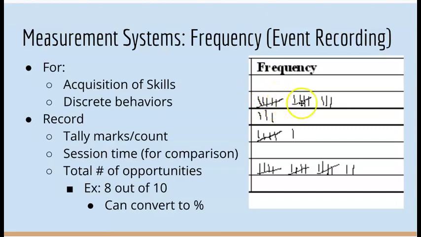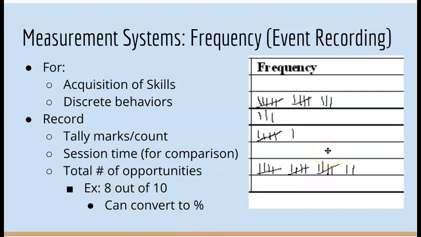You can also, if you know the opportunities that they had to perform the skill, so it's a trial-based skill, you give them a task direction, they perform it, you can actually convert to a percentage. How many they got correct out of how many opportunities. I gave them 10 problems, they got all 10 correct. I gave them 10 spelling words, they got 8 correct. You can convert to a percentage, 80%, 100%, and so forth.